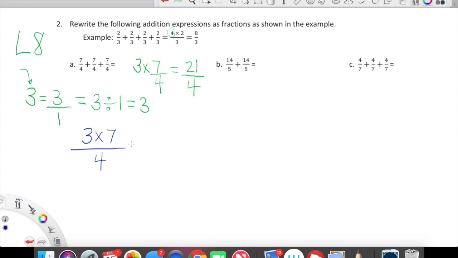Because what we're essentially saying here, you guys, is 3 can be rewritten as a fraction if we put it over 1. So we're looking at 3, or 3/1 times 7/4. That's all we're doing here, you guys. 3 copies of 7/4. If you want to rewrite 3 as a fraction, just put it over 1. 3/1 is the same as 3.